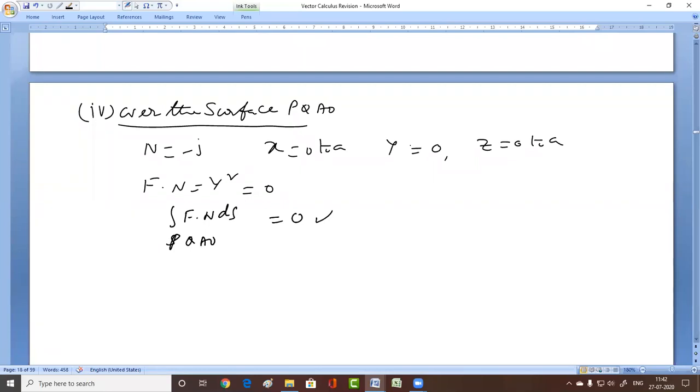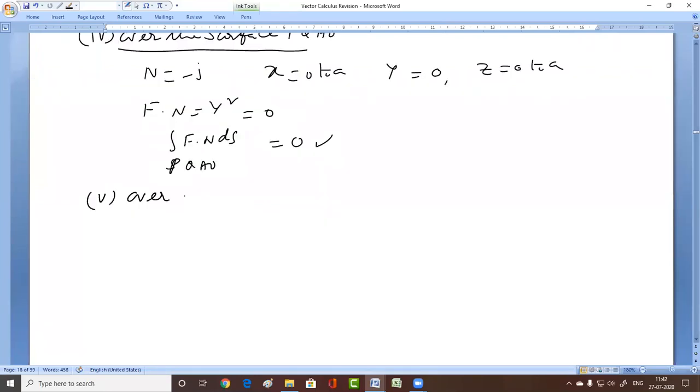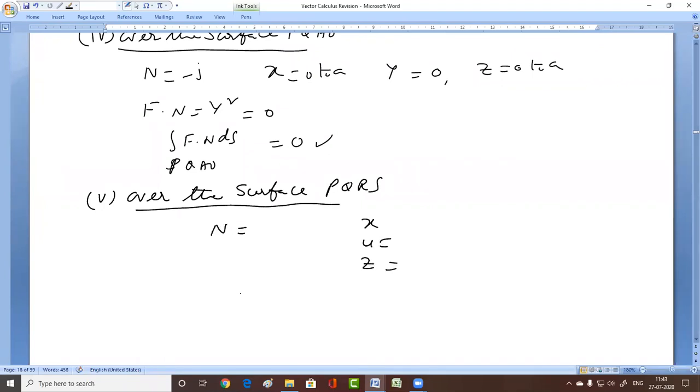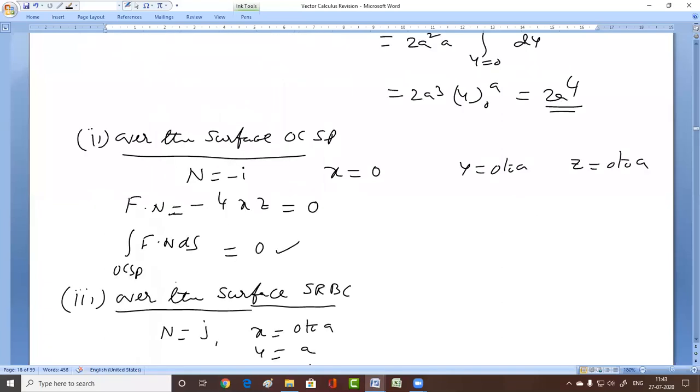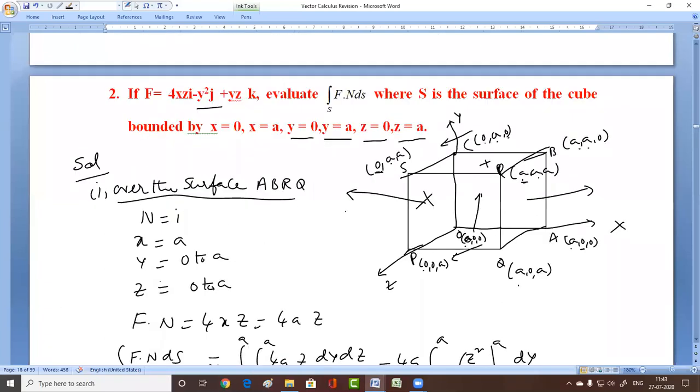Now the fifth one. Over the surface PQRS, already mentioned, the front side of the surface. Now observe the diagram. On the front side PQRS, the normal is along the z axis, so the unit normal n equals k.